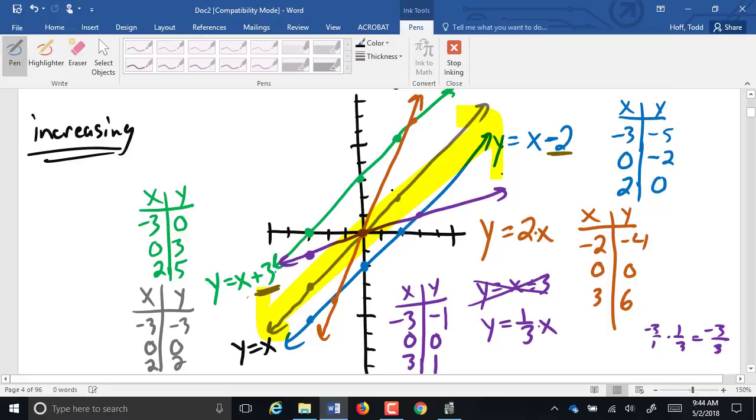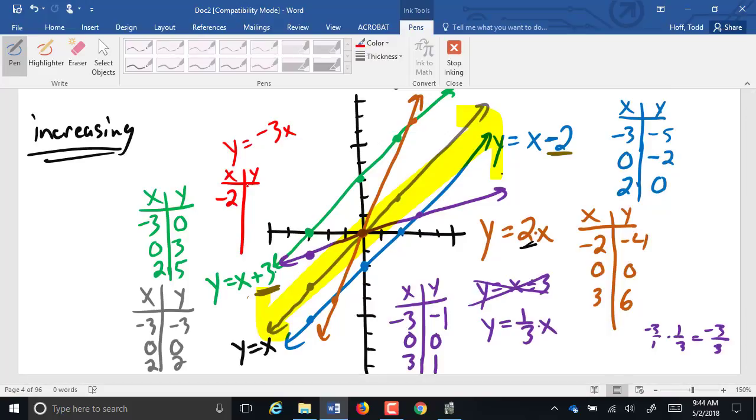Well, the only thing that we found that changes the angle is multiplying. So let's multiply by a negative number. Let's say x is negative 2. If x is -2, what's y have to be? -3 times -2 is, careful, negative times the negative is positive, positive 6.